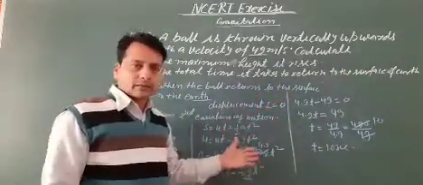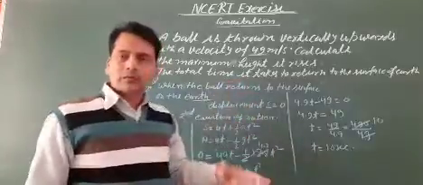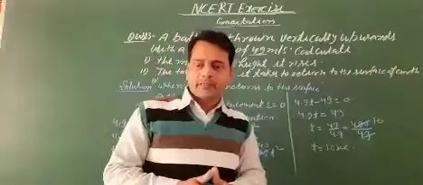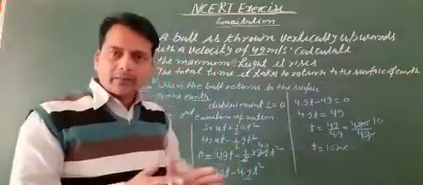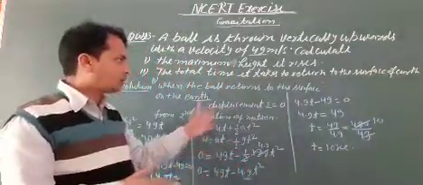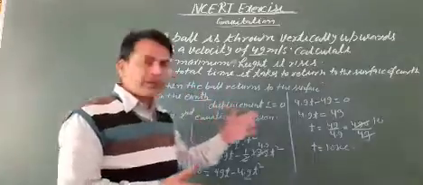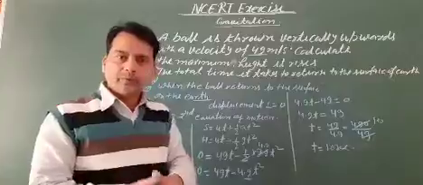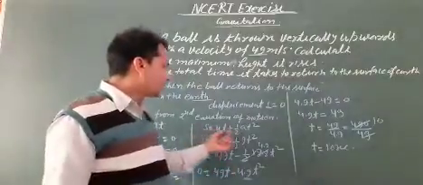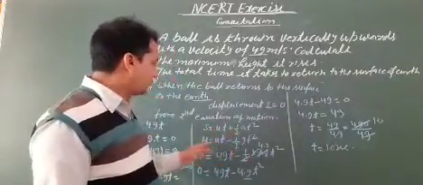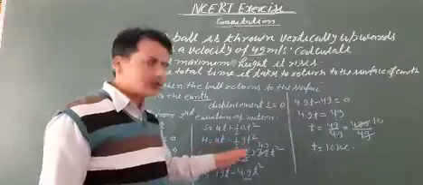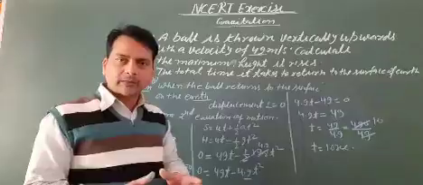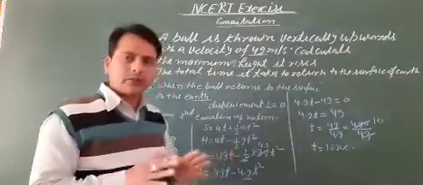When the ball returns to the surface of the earth, then displacement will be 0. So we can apply the second equation of motion. We know that s equal to ut plus half at square, then h equal to ut minus half gt square. So displacement is here 0, and the initial velocity of the ball is given 49.